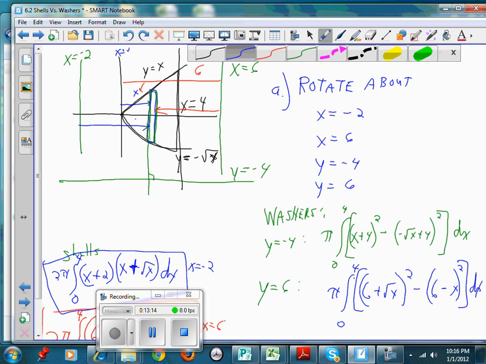Okay, so you can see I want to use the washer game here because I'm making my cuts perpendicular.